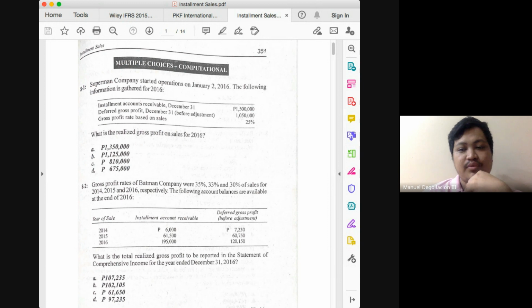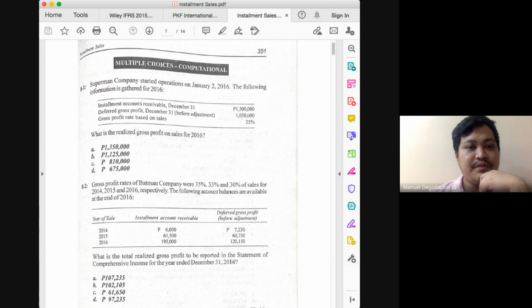And considering that we are already given the ending installment receivable, the difference between our initial installment receivable, which will just be our installment sales, and our ending installment receivable will already be our collection. And how will we be able to get our installment sales? By using the 1,050,000.